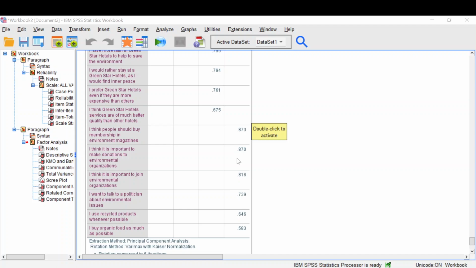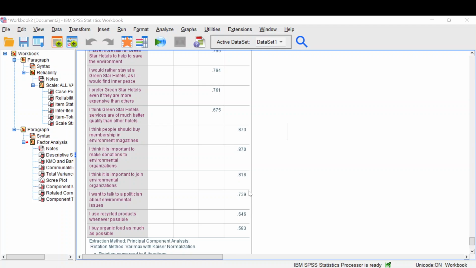So they all seem to relate specifically to the Green Star Hotel. And then finally, our fourth factor, people should buy memberships in environment magazines. It's important to make donations, join environmental organizations, talk to politicians, use recycled products. These are very, very action-oriented factors, right?